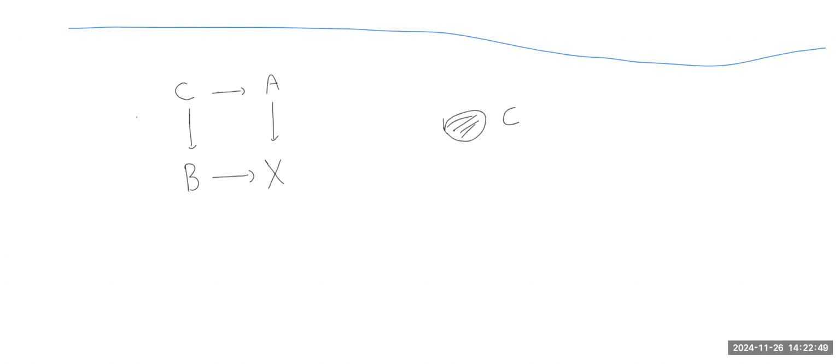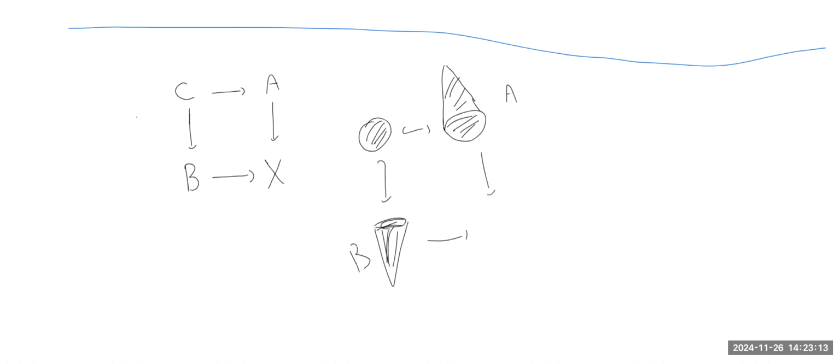Let's say this is A, this is C, and this is another B, and here we have inclusions. Then we get, for example, this suspension. This is a cone, and we get some suspensions by gluing this. This is what we mean by push out.